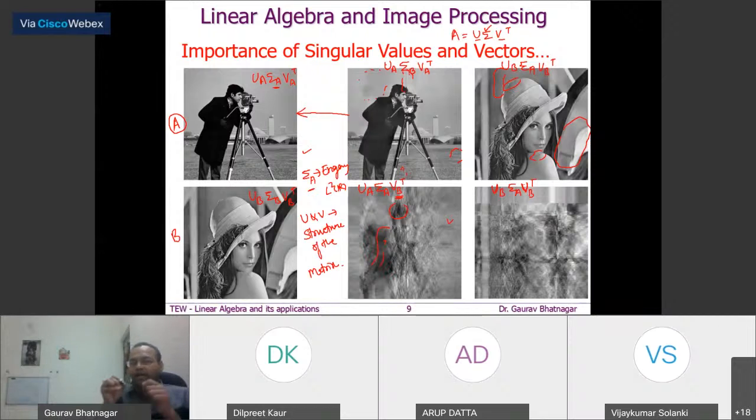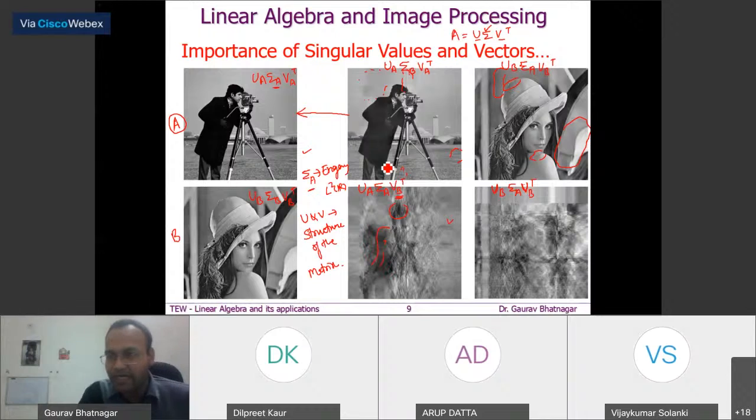Singular vectors, maybe left or right, are both more important for the reconstruction of your matrix or your image. And hence, in the fight between the singular values and singular vectors, the singular vectors won, with a very high caution that you should not touch the singular vectors of a particular matrix.